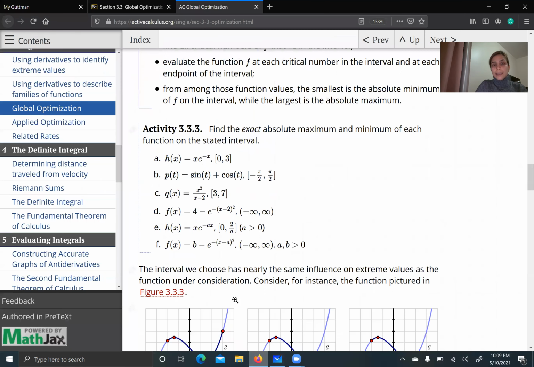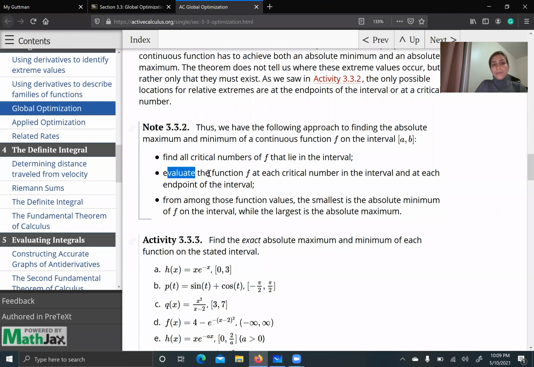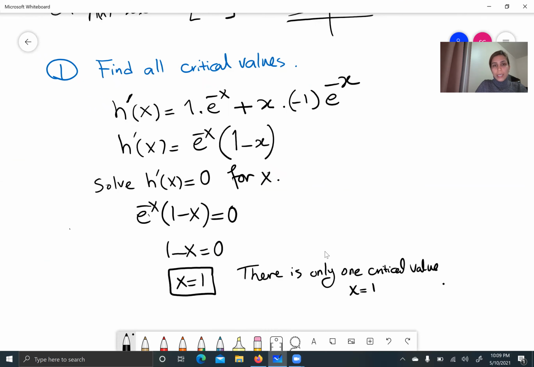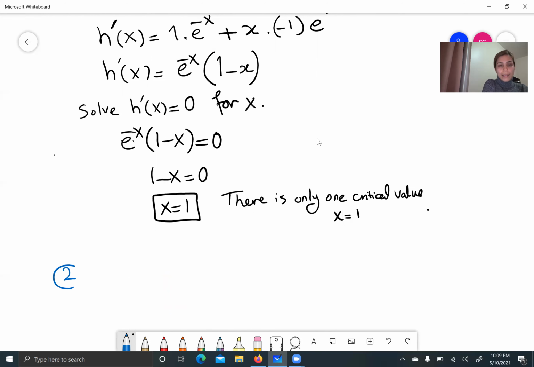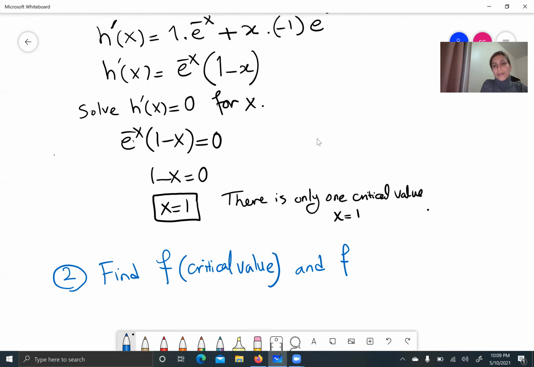Now, what is the second step? The second step is to find the output values: evaluate the function at each critical point, and also at the endpoints. So in step 2, we need to figure out what are f of the critical values and f of the endpoints of the interval.